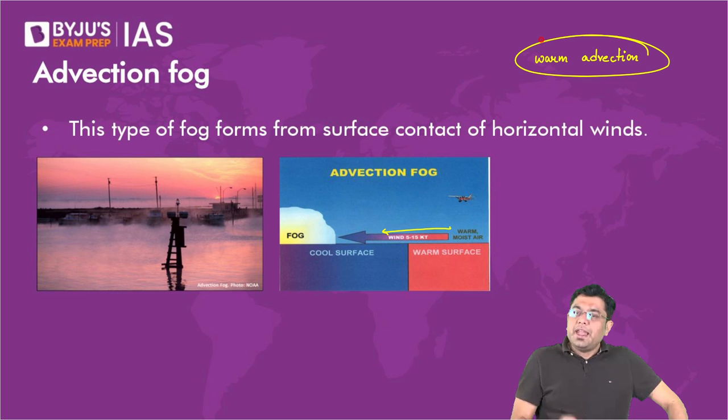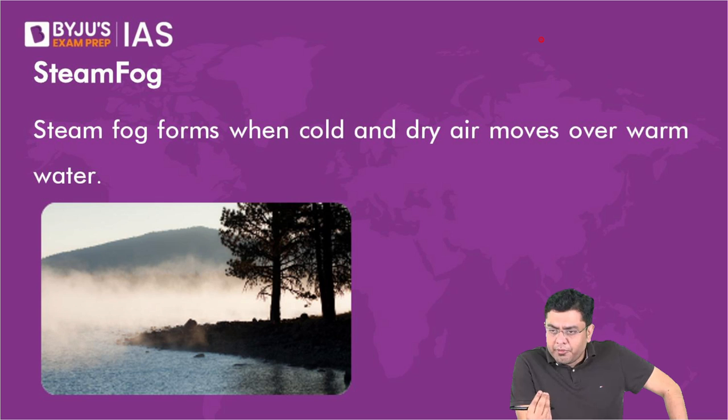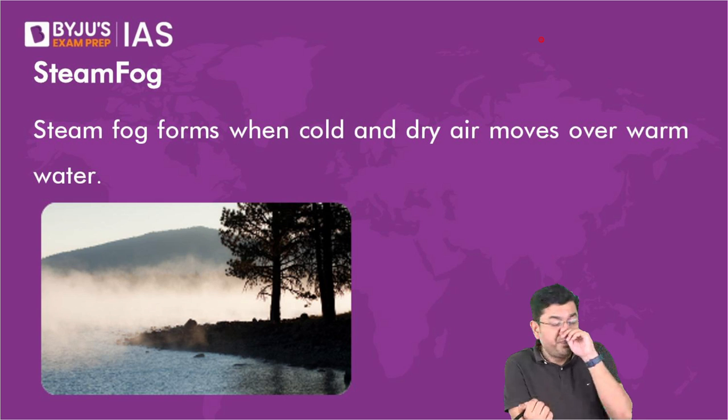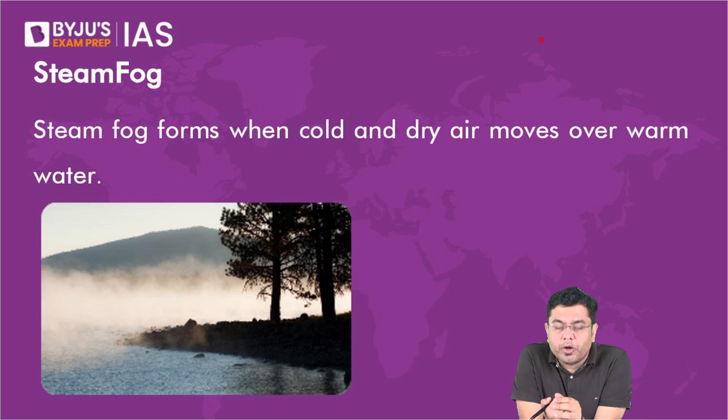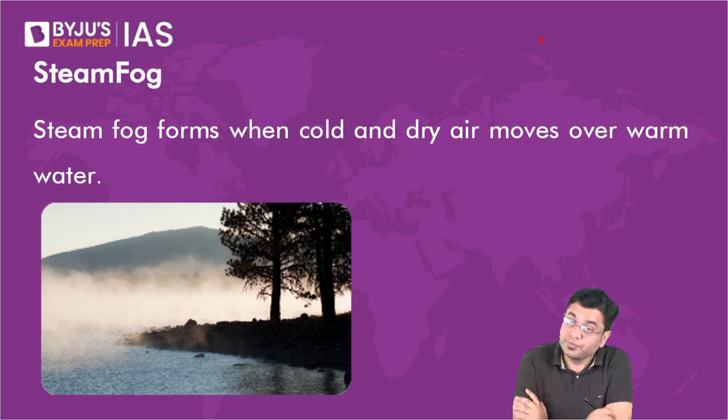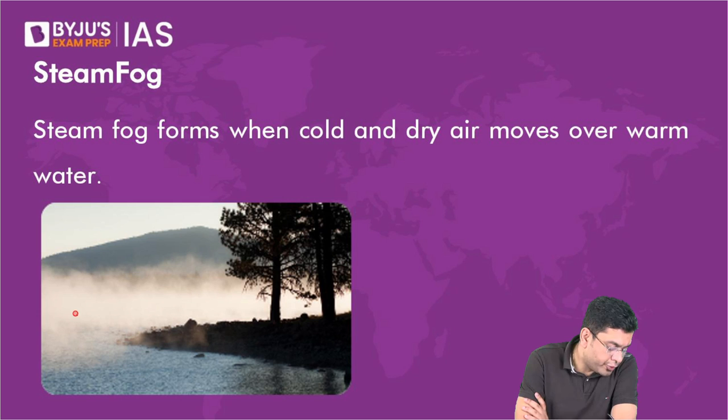Now, we have one of the most visually appealing kinds of fog, which is referred to as steam fog. In the image itself, the fog will appear as if there is steam rising from the top of water.